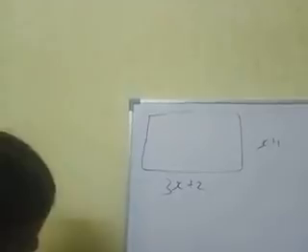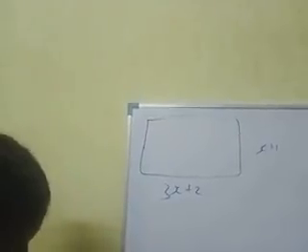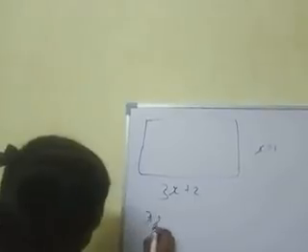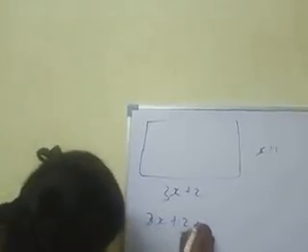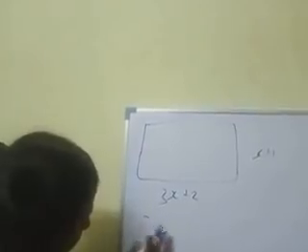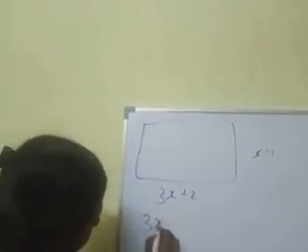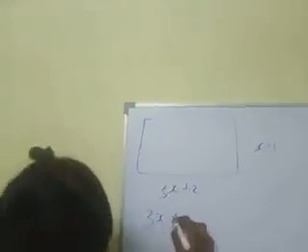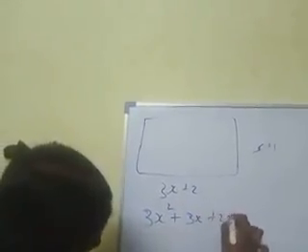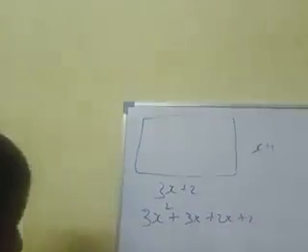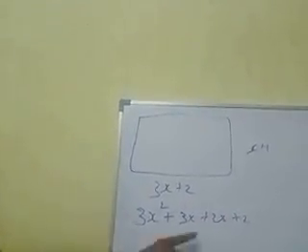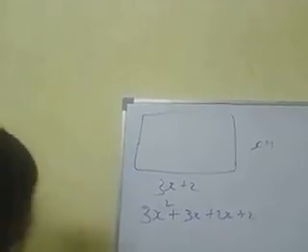So like that, the area of that rectangle is equal to 3x square plus 3x plus 2x plus 2. How will the 3x square and 2x come?